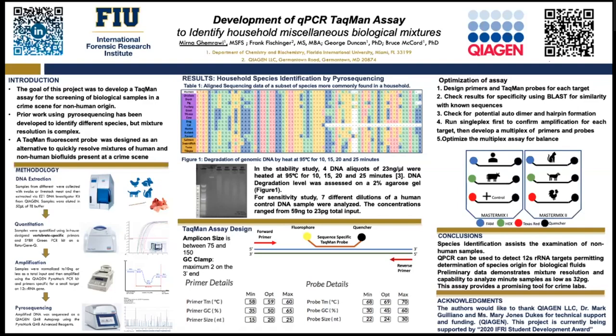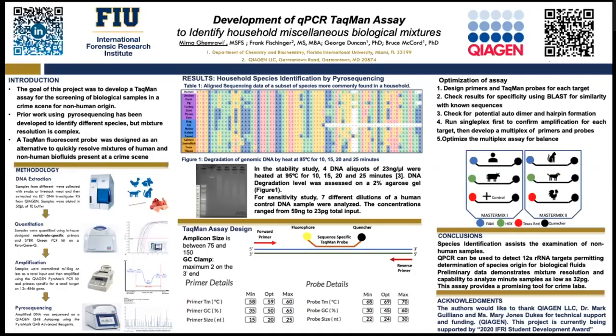Another additional thing that we have to keep in mind is how many G's and C's we have at the 3' end of our sequence, because there shouldn't be more than 2 as a max in at least the first five nucleotides. So once we have those features in, we check for specificity, because we don't want that probe to be amplifying any other target, right?